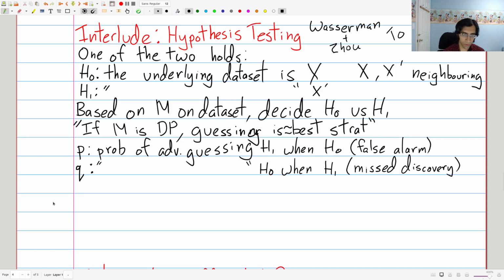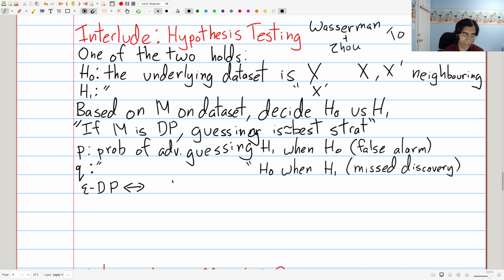Okay, so now that we have the notation in place, essentially what differential privacy says is that we'd ideally like P and Q to be as small as possible, but differential privacy says that these can't both be simultaneously small. So epsilon-DP is, I claim, equivalent.